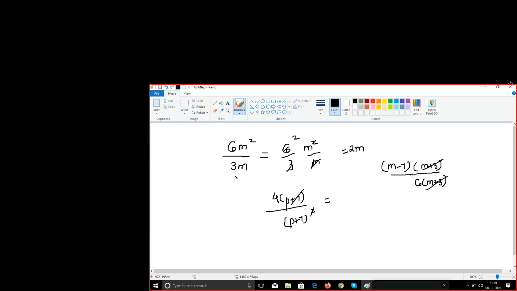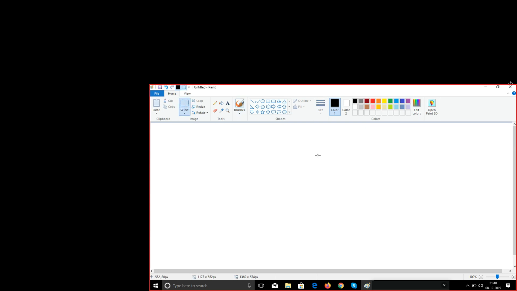But when it's not possible for us to see them directly, we just have to factorize them. Take the example: x squared minus 5x plus 6 divided by x minus 3 times x plus 1.